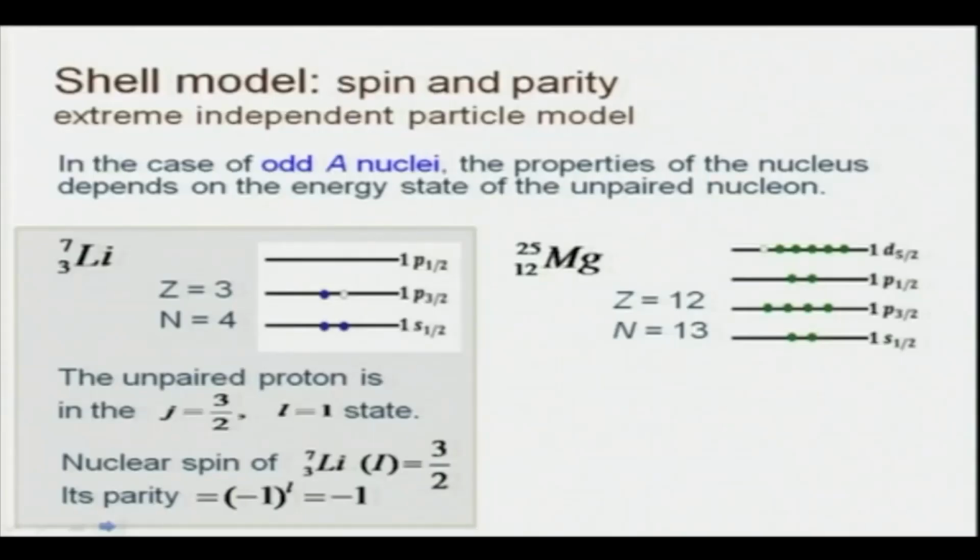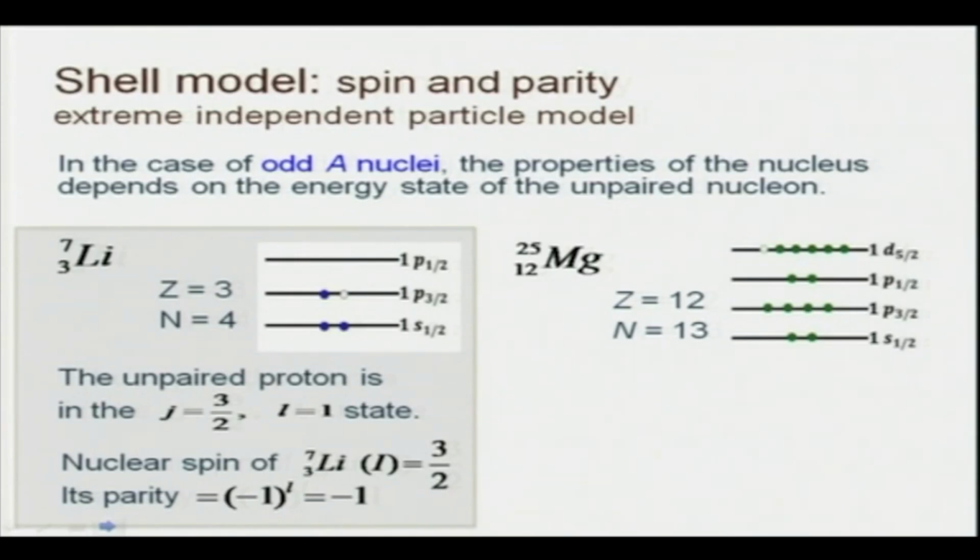And you can take some other example, say magnesium, with 12 protons and 13 neutrons in it. Since the proton number is even, all of them are paired, and they do not contribute anything to the spin and parity.